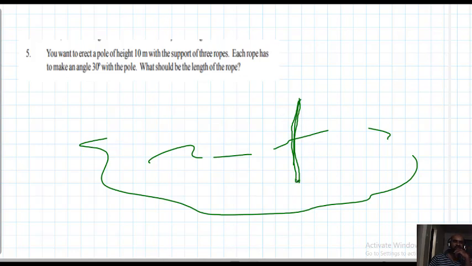So observe, students, this is one of the ropes, this is another rope, and this another, a 3-dimensional figure. With the help of these 3 ropes you need to erect this pole. We want to find the sum of the lengths of all 3, which gives the length of the rope. So this is x, this is y, this is z.